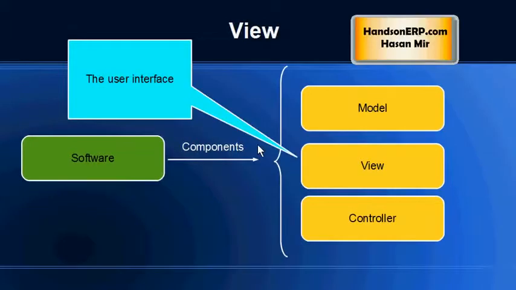The view component is the presentation layer. It has all the information on what to display on the screen, what would be the colors, what would be the layout, and how many fields, and so on. So the view component is basically the presentation layer. The model component is the brains of the software.